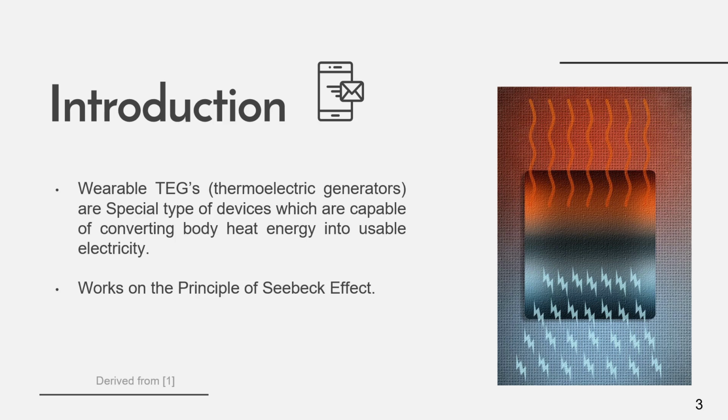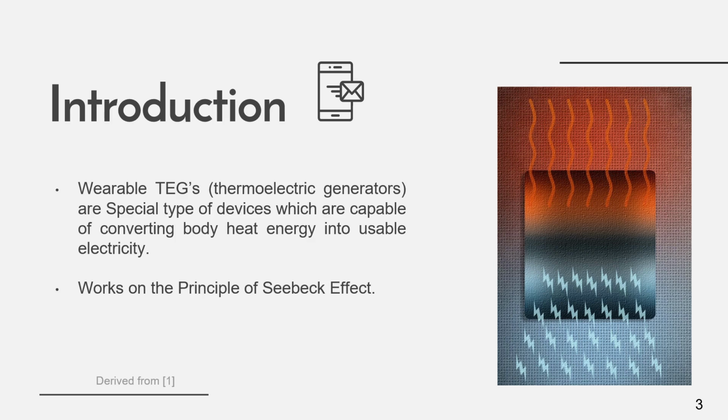So coming on to the introduction, wearable TEGs are a special type of devices which are capable of converting body heat energy into usable electricity. So heat energy to electricity conversion, this is what is done by a diesel generator or such devices, but in contrast to such mechanisms, thermoelectric generators or TEGs do not have any moving mechanical parts.